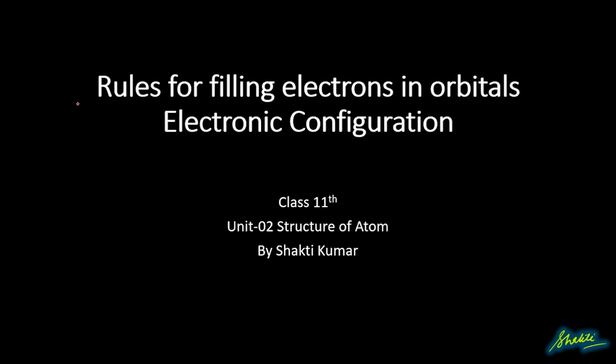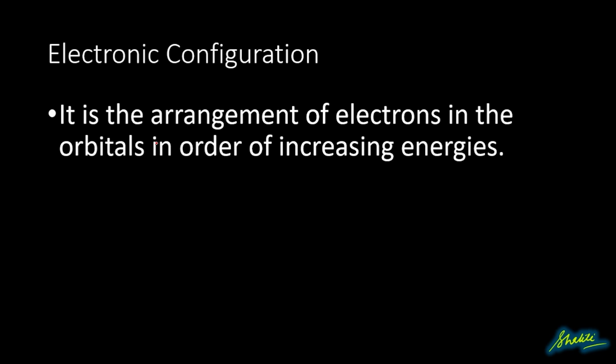Now let's take the next topic, that is rules for filling electrons in orbitals and electronic configuration. Now, what is electronic configuration? It is the arrangement of electrons in the orbitals in order of increasing energies.